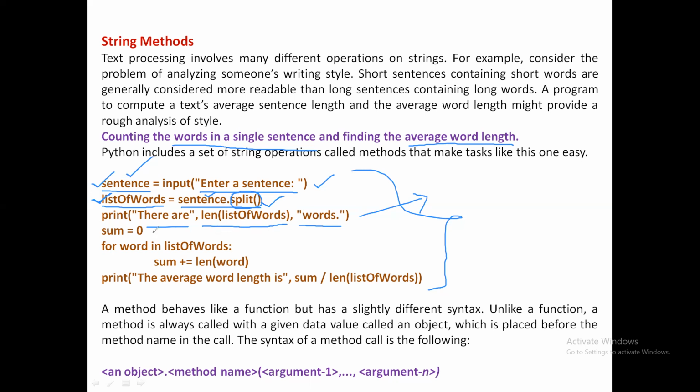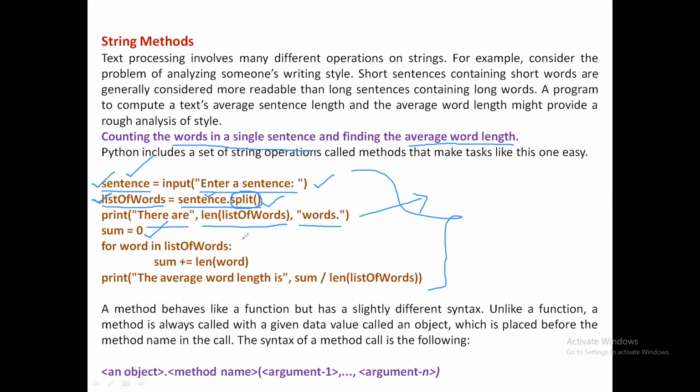Now, because I want to find out the average word length, I will use another variable sum, which is initialized to 0. Then I use a for loop to calculate that average word length. It is very simple. We'll calculate the length of each word in the sentence, then find the average by dividing the sum of all the lengths by the total number of words in the sentence.